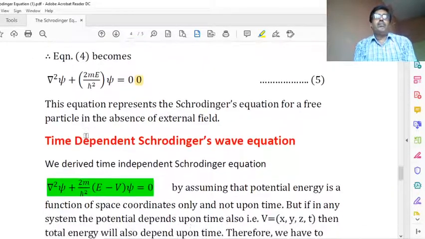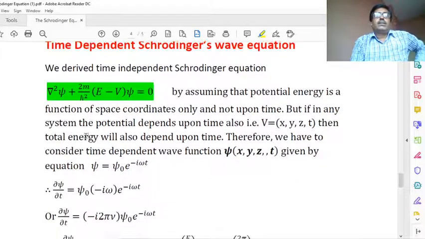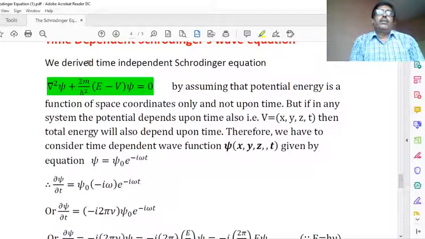If we wish to get the time dependent Schrodinger wave equation, suppose anybody asked you what if the wave depends upon time, then the equation will change. So how to proceed here? See here. We derived the time independent Schrodinger equation, this much.